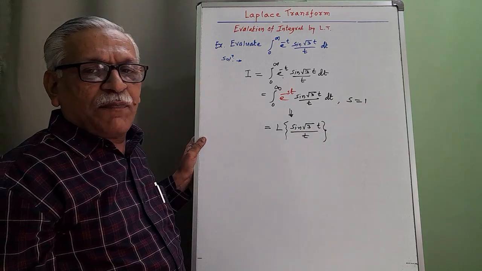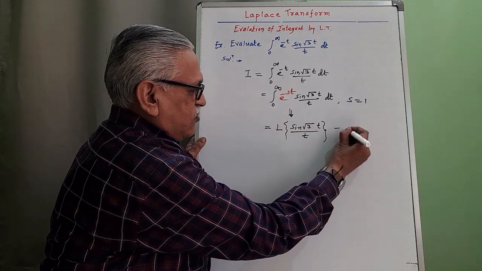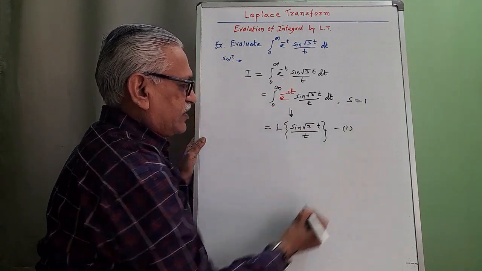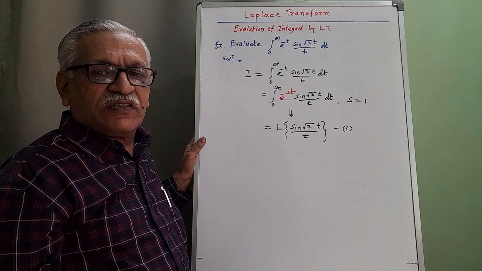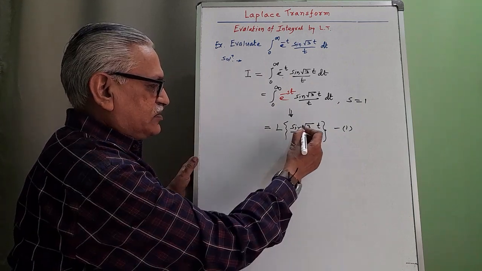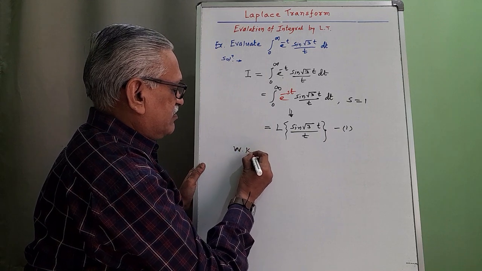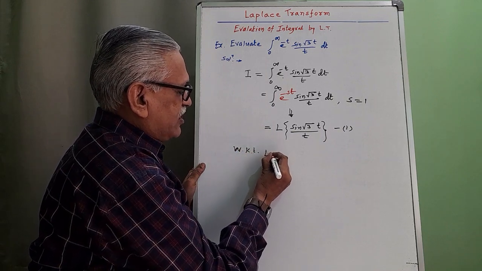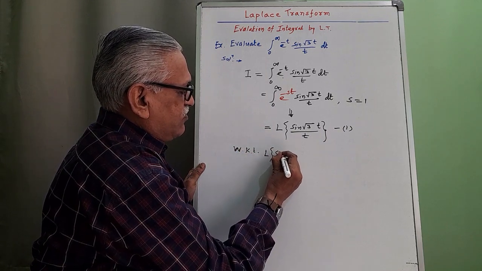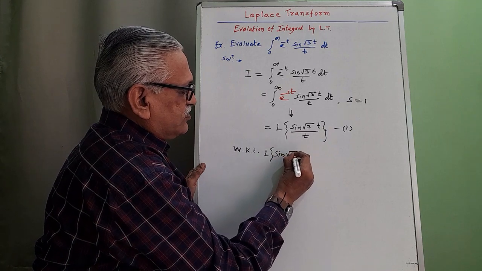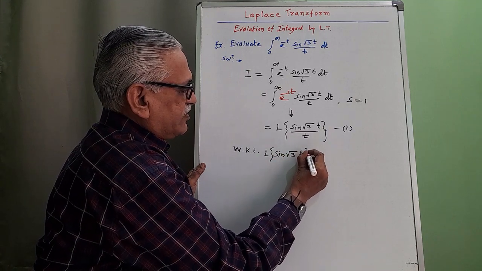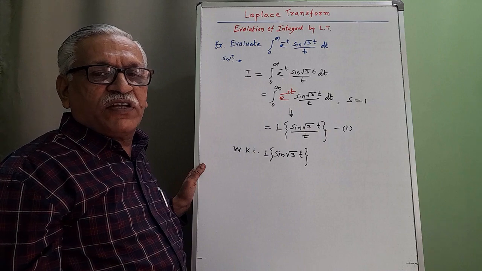And to obtain this Laplace transform, if we call this equation 1, we have to first obtain the Laplace of sine of root 3 into t. We know that the Laplace transform of sine of at is a upon s square plus a square.